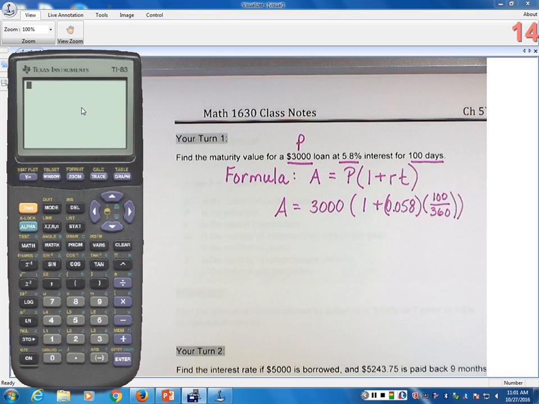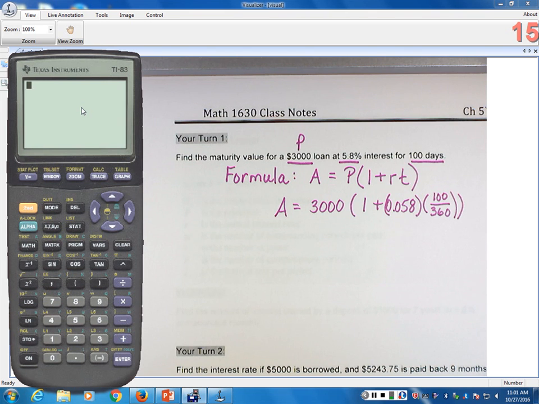So if we do the math, what will we do first? Seth, what would you do first? Multiply inside of parentheses. Okay, multiply inside the parentheses.